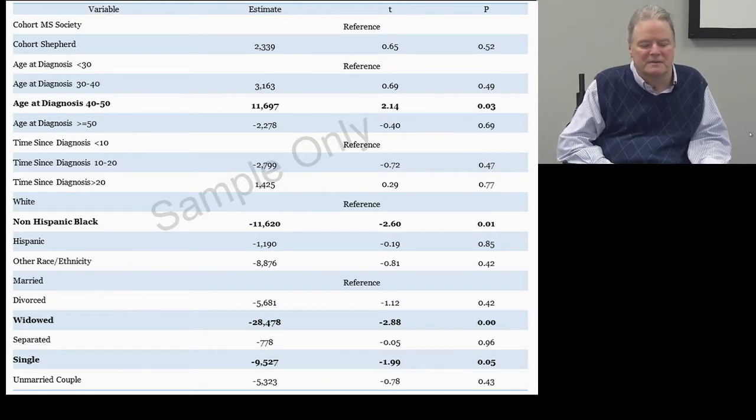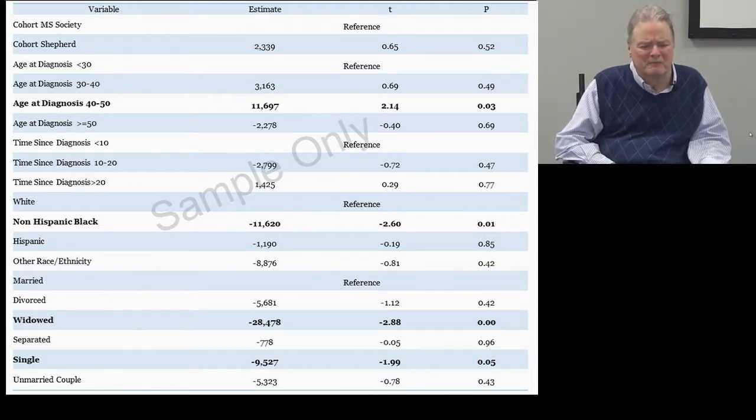And that's the point of the model. Same with widowed. So you'd think, well, someone's widowed, they're less likely to be employed. That's true. But they're also likely to make less money if employed. So those things are estimated differently, and you can see the influence of both.